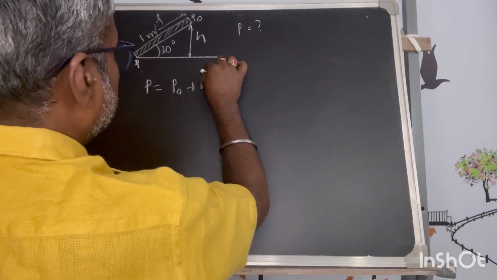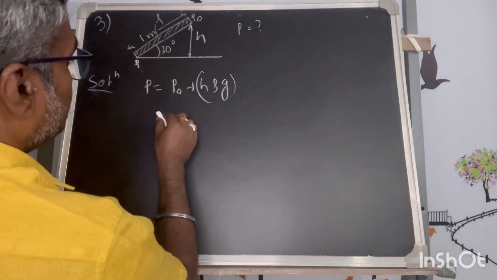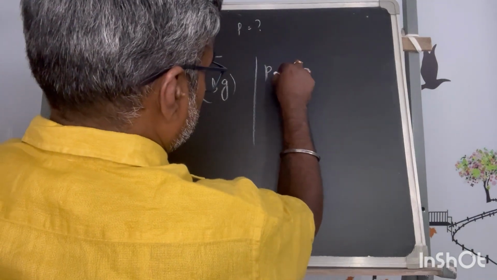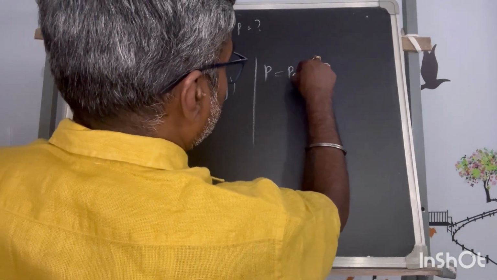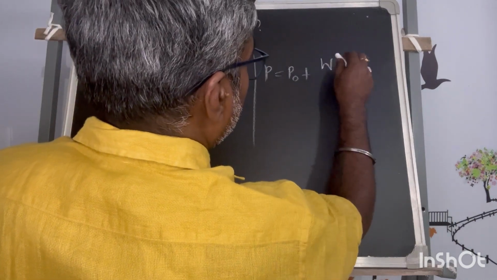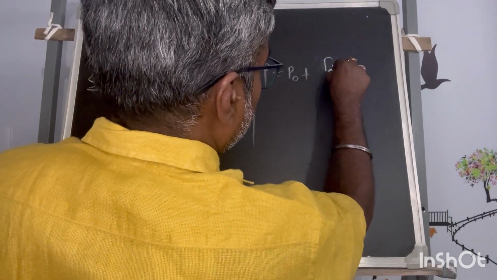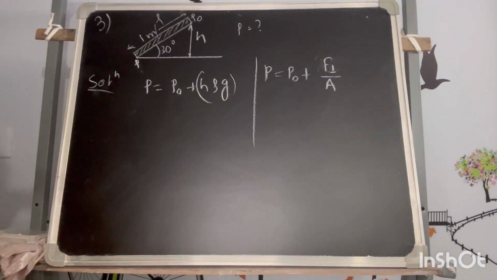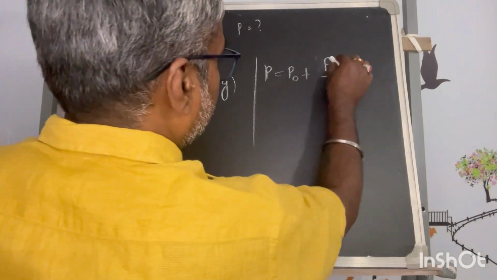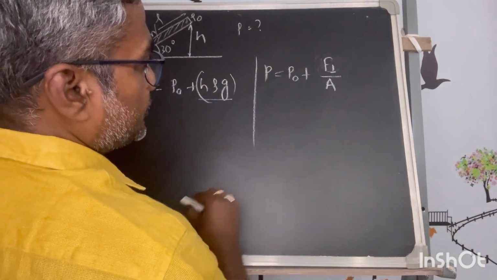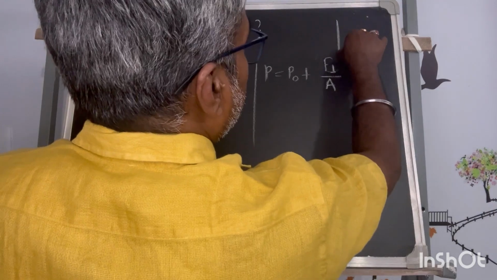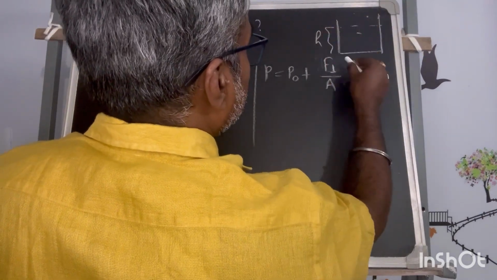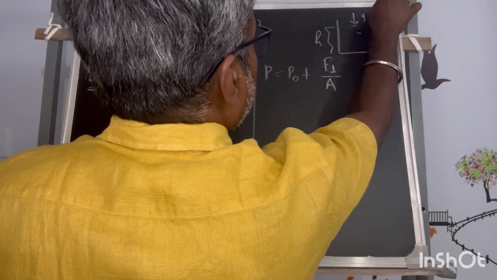This came from the initial derivation, where pressure is equal to P0 plus any additional force acting perpendicularly divided by the area of the cross section of the container. From there we have arrived at this, isn't it? We have taken a beaker of fluid of height h. There, this is the atmospheric pressure here.